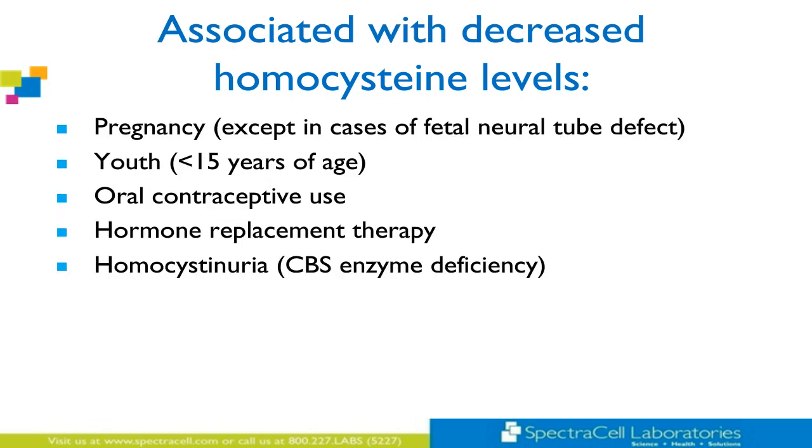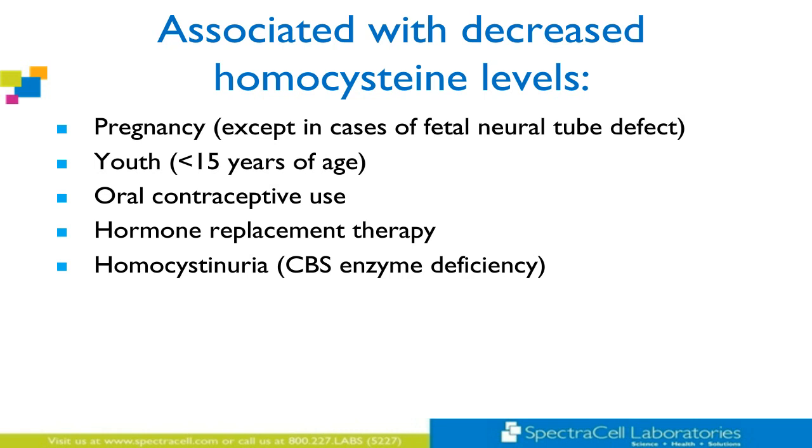In addition, we know that decreased homocysteine can also be present. And here are a few clinical scenarios where we see decreased homocysteine levels: pregnancy, youth, oral contraceptive use, hormone replacement, and another enzyme problem, the CBS enzyme, causing homocystinuria.